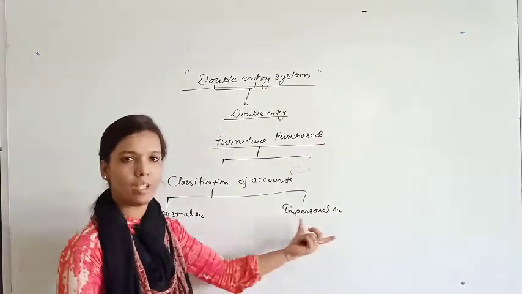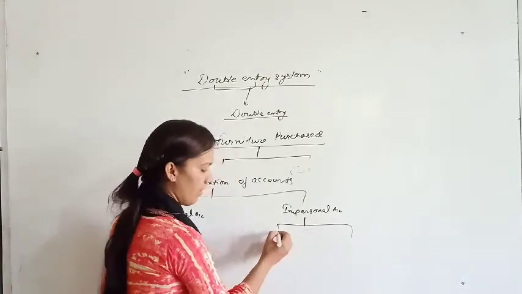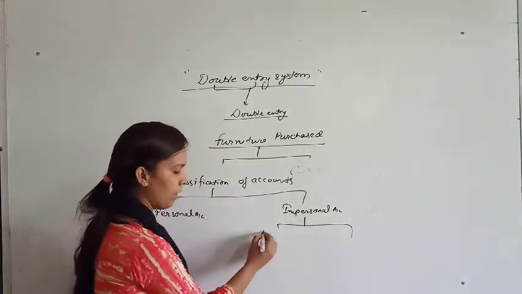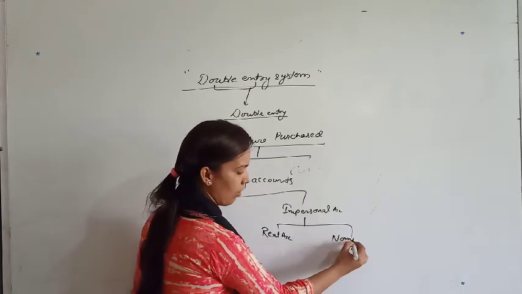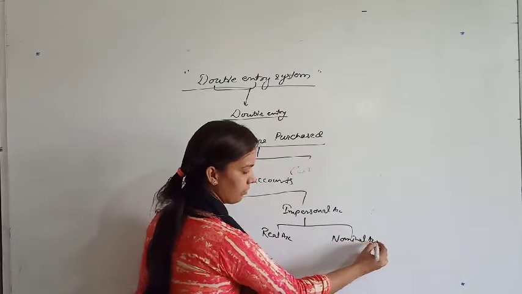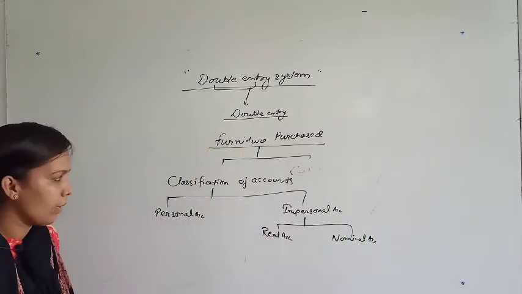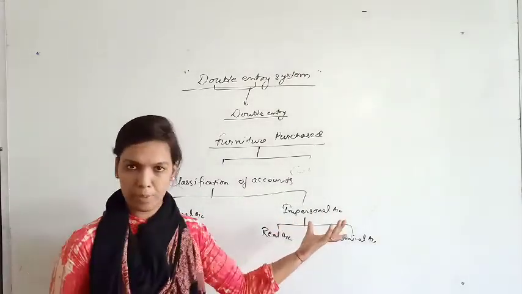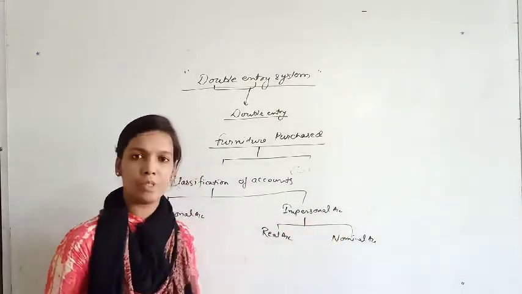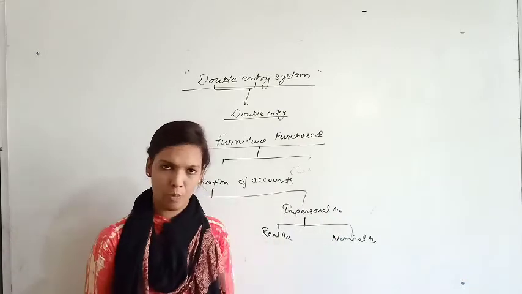Impersonal account is further divided into two parts, that will be real account and nominal account. So easily you can tell that there are two types of account, personal account and impersonal account. Impersonal account is further subdivided into two parts, real account and nominal account.